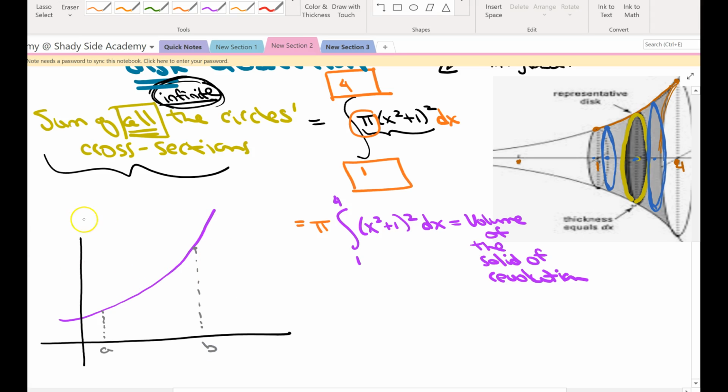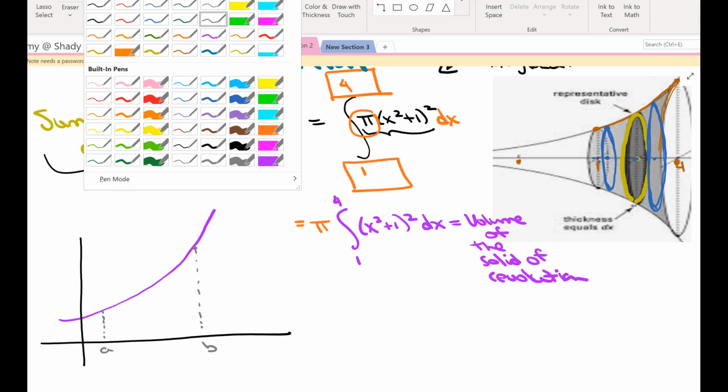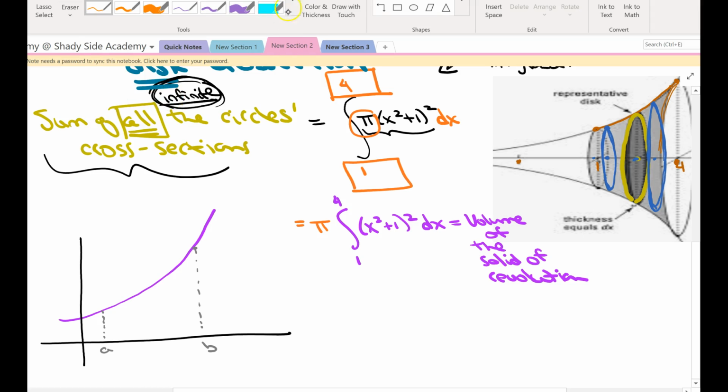And again, don't copy this stuff down right here. This is just me taking you down memory lane, hopefully reminding you of a very important journey we've been on together. The first thing we ever did was we looked at rectangular subintervals.